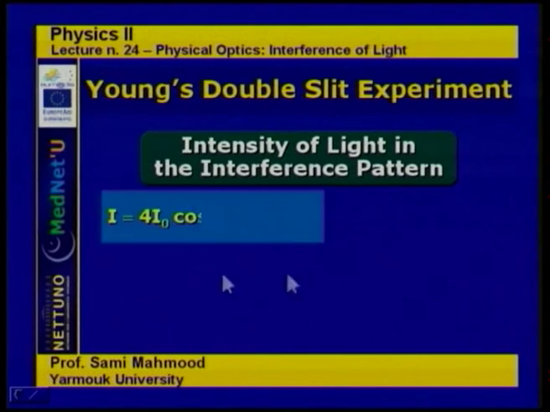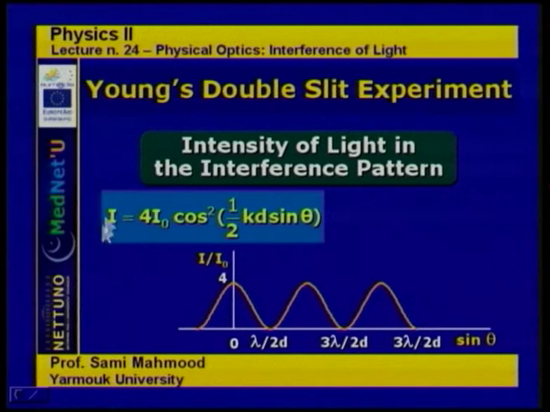We can rewrite it in this form: I is equal to 4I naught times cosine squared of 1/2 kd sine theta. That's by manipulating the trigonometric function. And this intensity, if we normalize it to I naught, I over I naught will look like this. It's a cosine squared function. So if we plot this against sine theta, it's like cosine squared function, and this is the shape of the cosine squared.